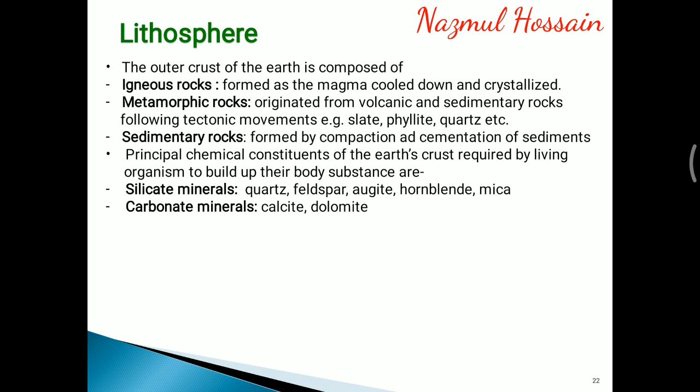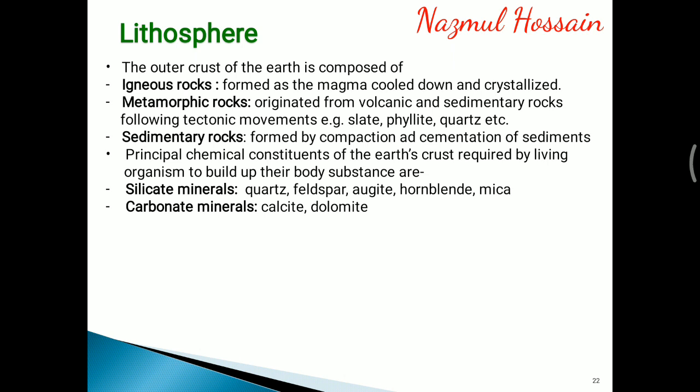Metamorphic rocks originated from volcanic and sedimentary rock following tectonic movements, such as slate, phyllite, quartz, etc. Sedimentary rocks formed by the compaction and cementation of sediments. The principal chemical constituents of the earth's crust are required by living organisms to build up their body substances.